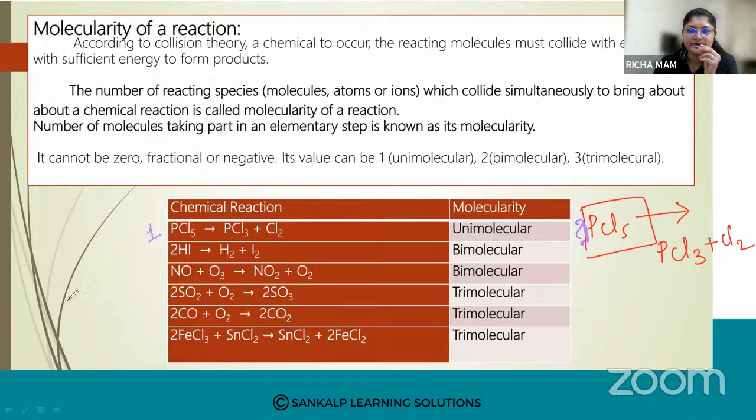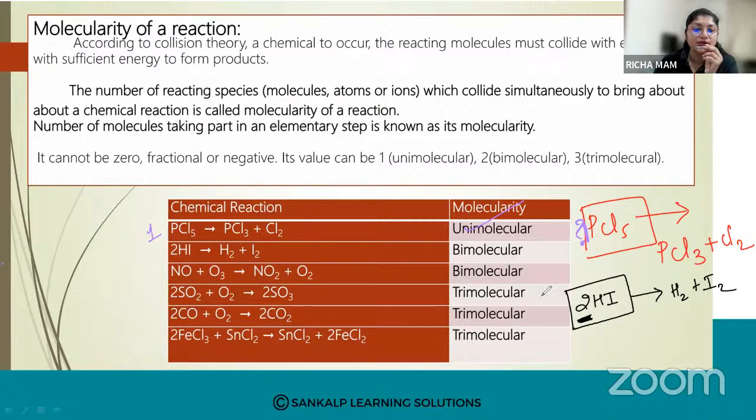Let us go to the second example. So this is clear, I hope. The second example is 2HI. Two moles of hydrogen iodide giving you H2 plus I2. This is also undergoing a decomposition reaction. So how many moles of hydrogen iodide are reacting?